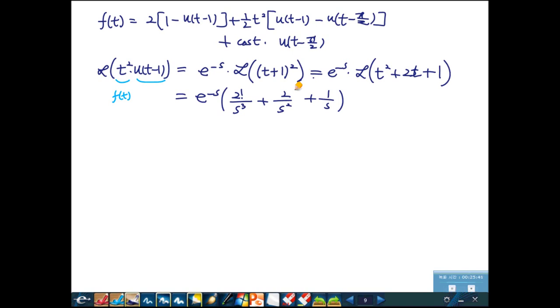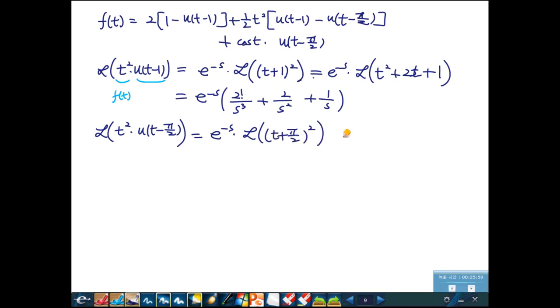And the second one, another important one, was u of t minus pi over 2. That makes things hard, right? So what you do is the same thing: e to the minus s times L of t plus pi over 2 squared.